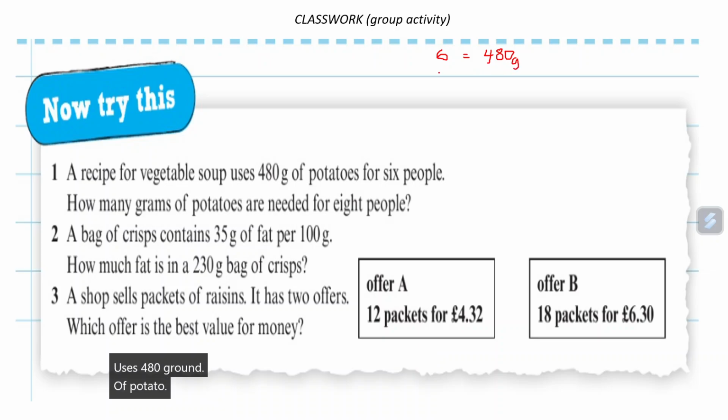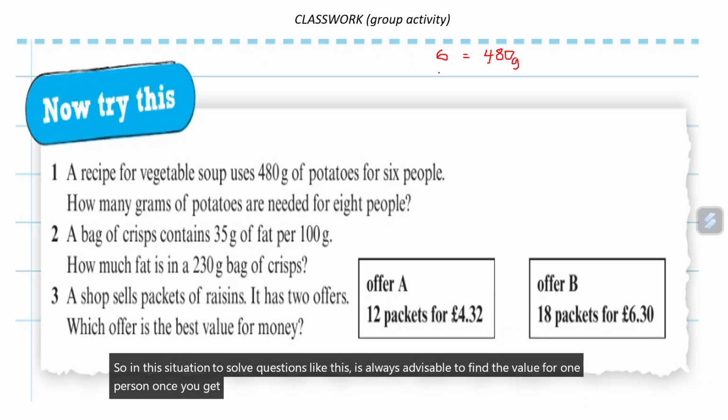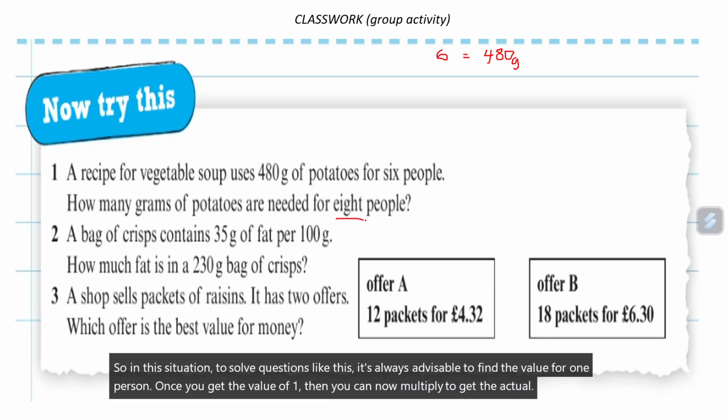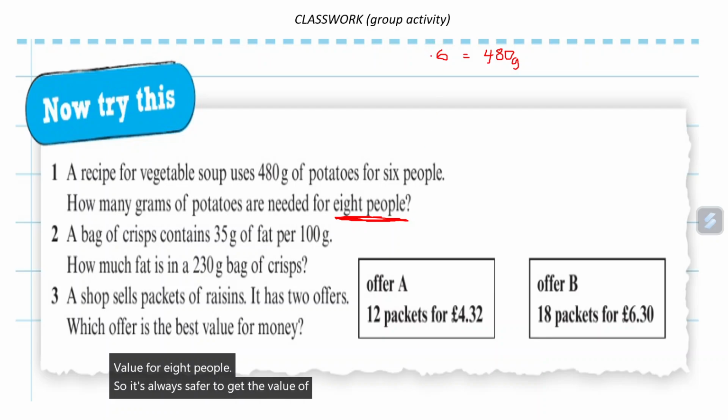So in this situation, to solve questions like this, it's always advisable to find the value for one person. Once you get the value of one, you can then multiply to get the actual value for 8 people. So it's always safer to get the value of one before you get the value of whatever amount you are asked to look for.